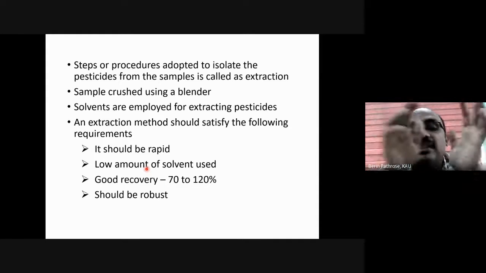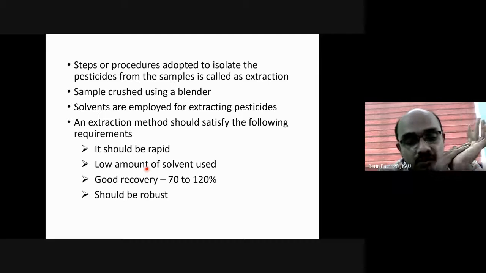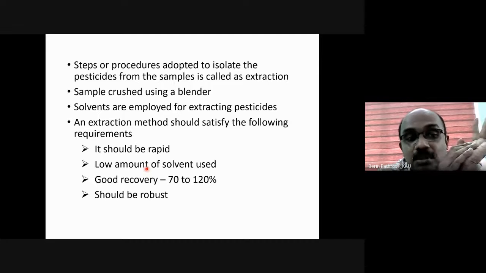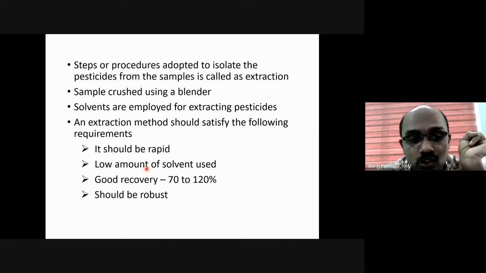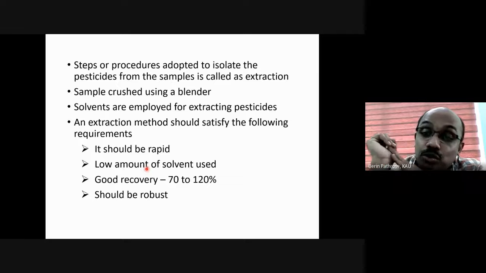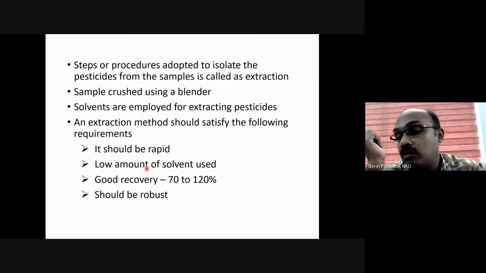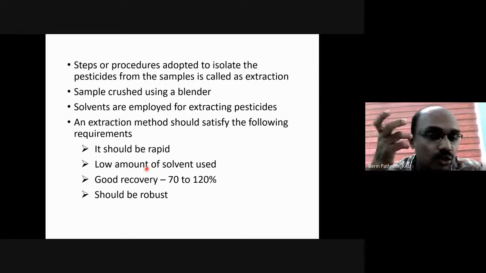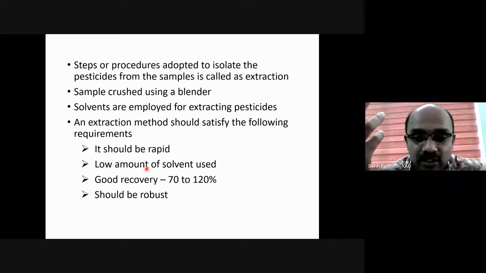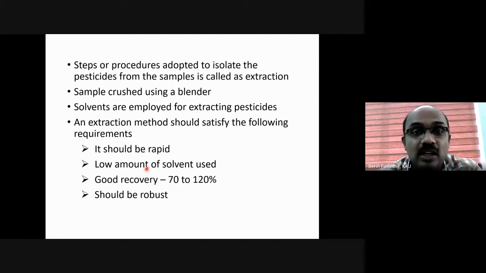And whatever extraction method we follow, it should be easily and quickly done, it should be rapid. And that extraction method should use a minimum amount of solvent, because solvents are extremely costly and are not considered eco-friendly, but we don't have any other option. That's why we still use solvents.